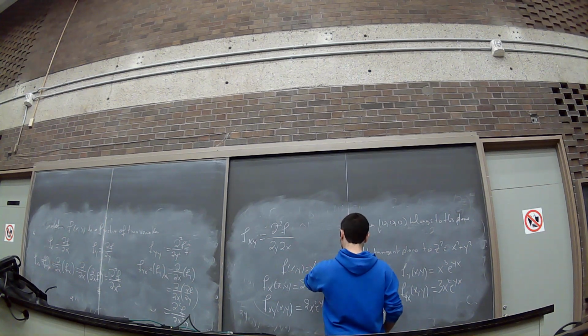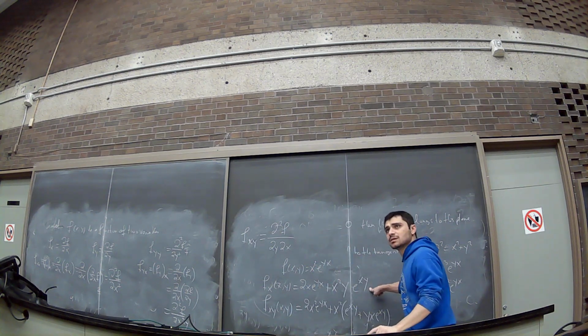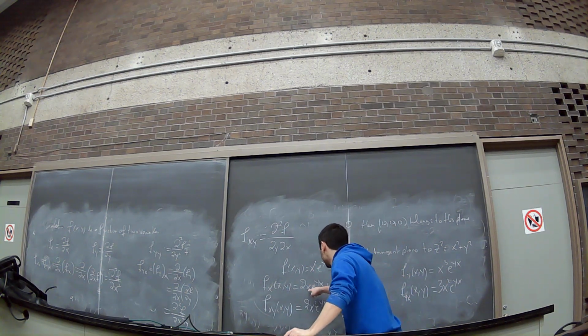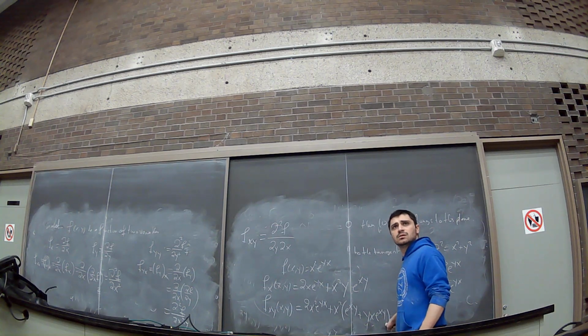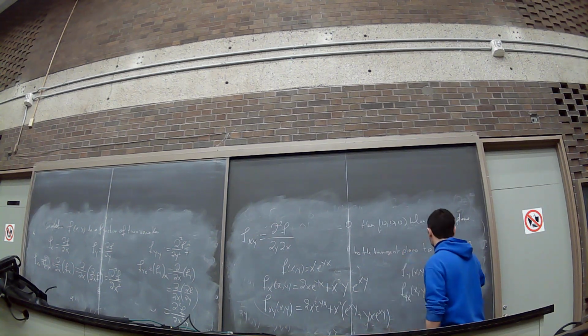I differentiate with respect to x, so the y goes down, and I keep it squared. This is good, right? Let's differentiate with respect to y. I bring the x down, and I keep the e to the yx, which is fine, plus I differentiate this one with respect to y. So the x squared stays, y is 1, e to the xy, plus I bring the x down, and I keep the y. Is this good?